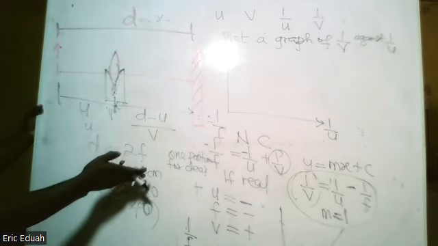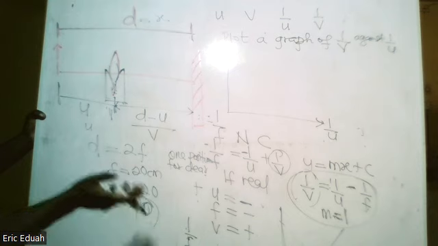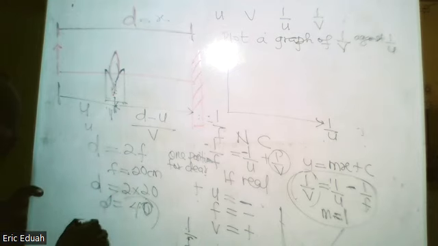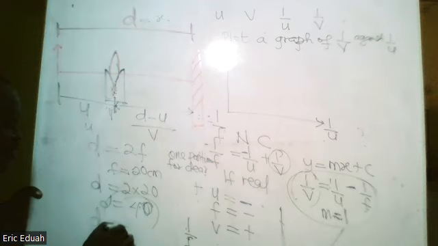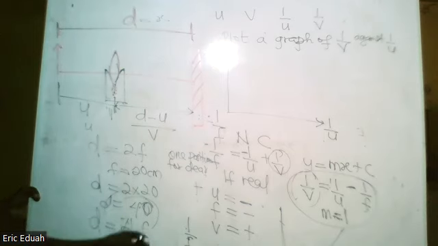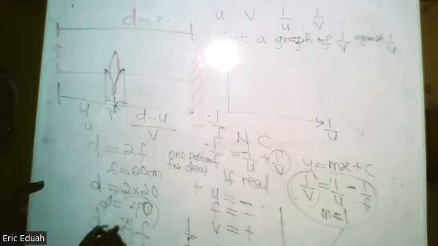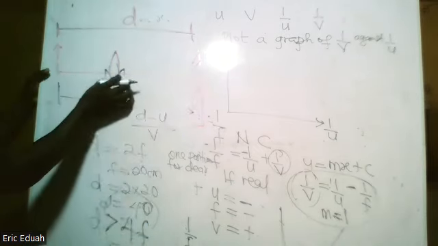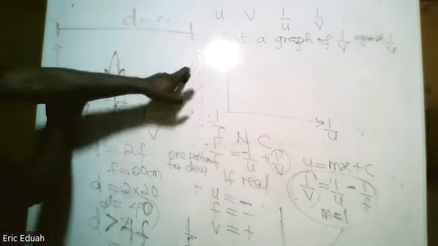I'm assuming that the focal length of the lens is 20. If you have D greater than 4 times the focal length, you always have two different positions for a clearer image, meaning that when you bring the lens here, you can have an image formed on the screen.